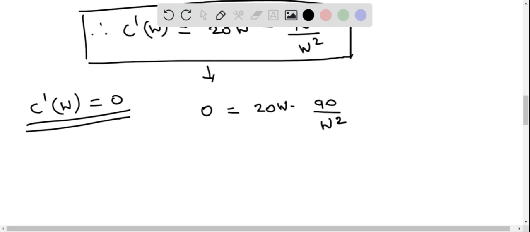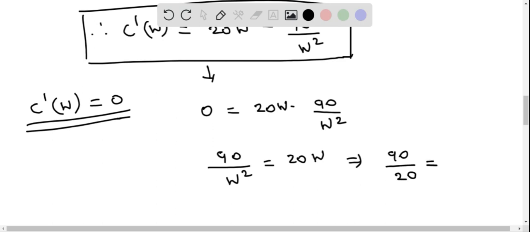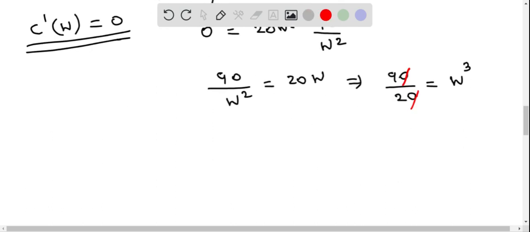Let's solve for W from this one. So 90 by W square equals 20W, and this can be written as 90 divided by 20 is equal to W cube. That is, when you multiply both sides by W squared and then divide by 20, you get this relation. I can cancel the zeros, so it's basically 9 by 2, which is 4.5.